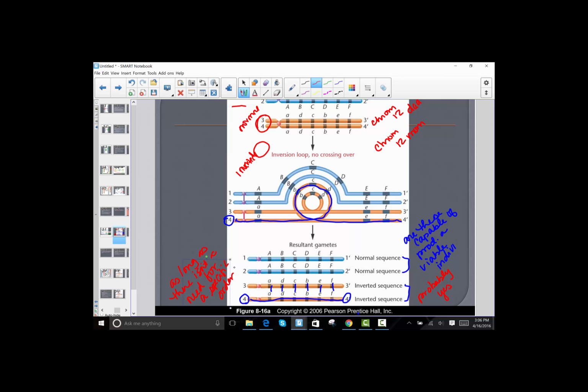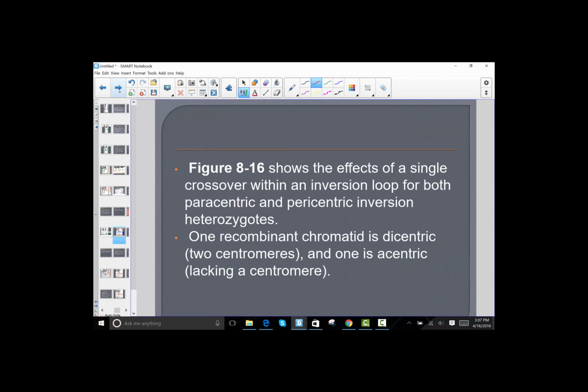So we will be able to have individuals that can live a productive life, but there is potential that they may not be able to produce or reproduce viable young with this particular crossing over type. Well, not crossing over, but matching type.